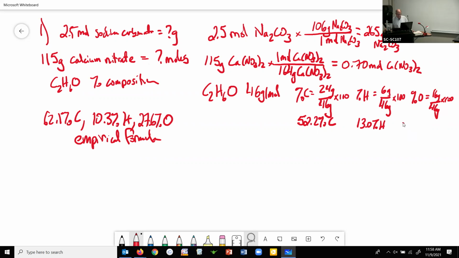We had to figure that out, and then figure out the grams per mole. Okay, so for the third one, 52.2% carbon, 13% hydrogen, 34.8% oxygen.